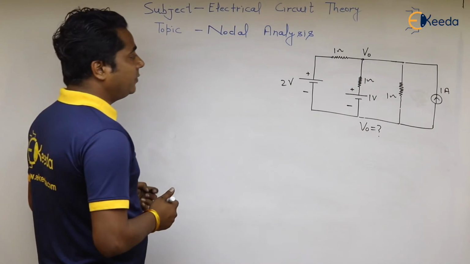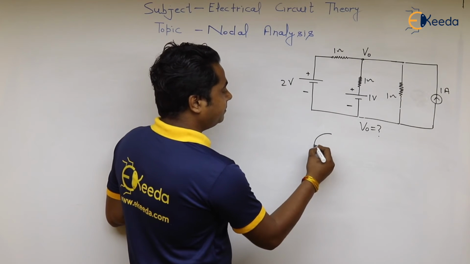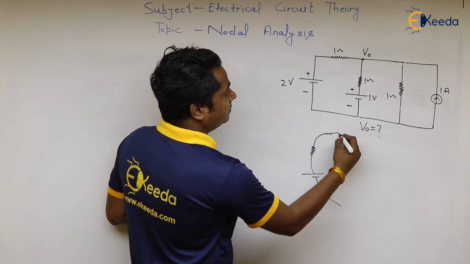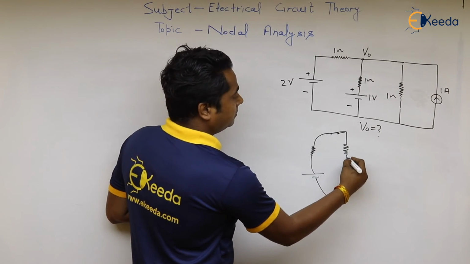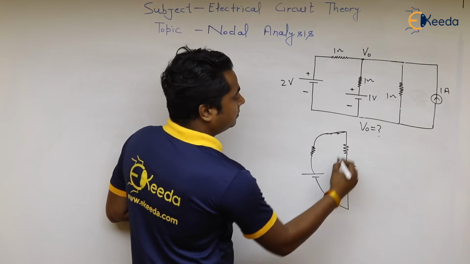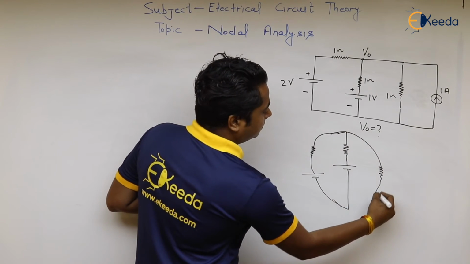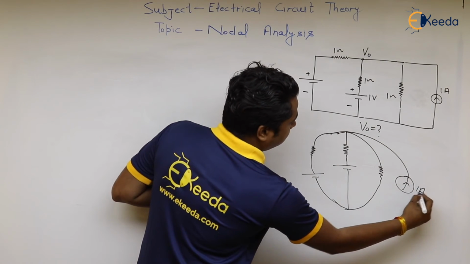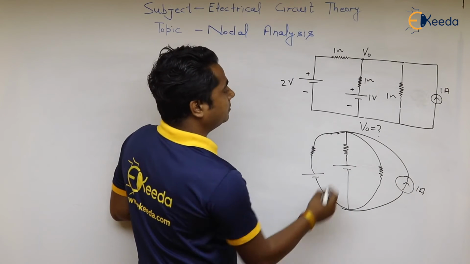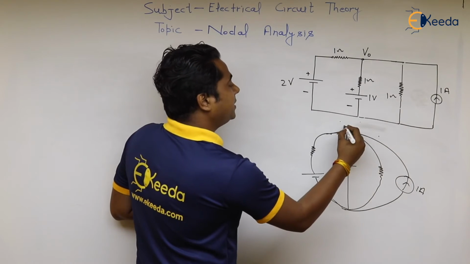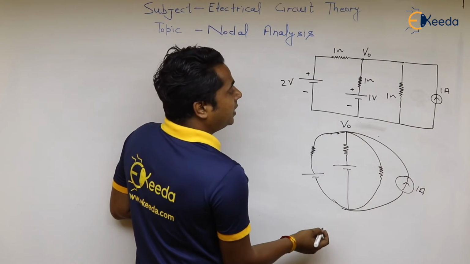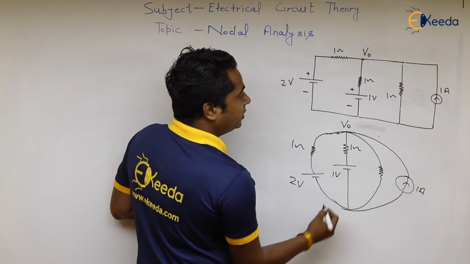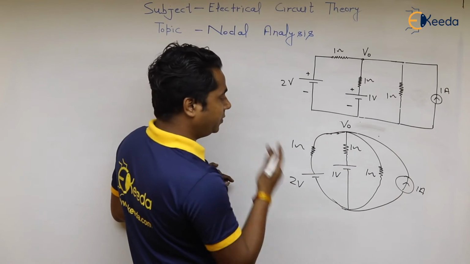We can draw it also like this, you will understand easily. This is your V naught, and this is your 2 volt, 1 ohm, 1 ohm, 1 volt, 1 ohm, 1 ohm, 1 ampere.